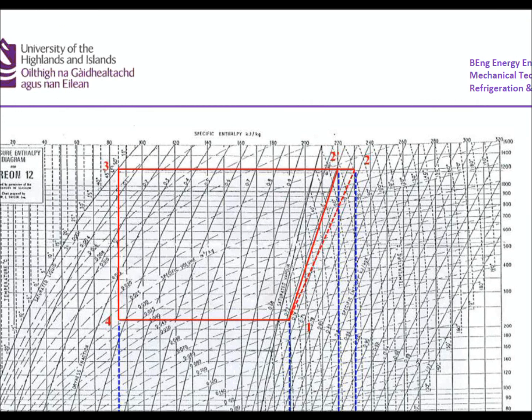Question B is going to ask for the coefficient of performance if there is 5 K of undercooling. So all we need to do there is to take our point 3 to the left until it intersects the 45 degree temperature line, and then project that down to our enthalpy line at the base of the chart.